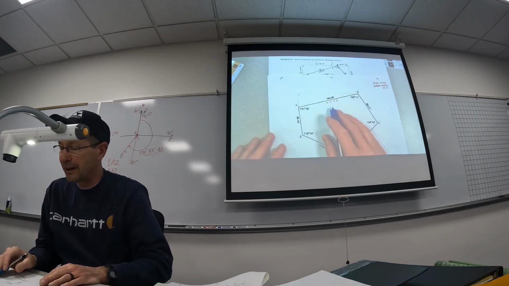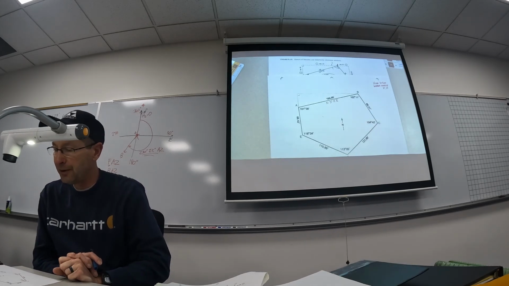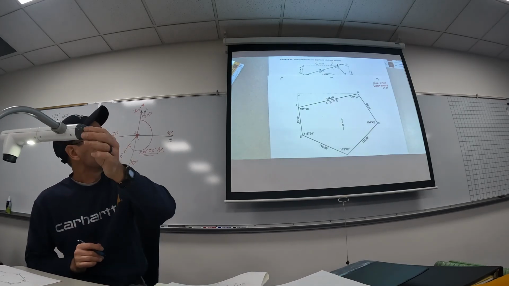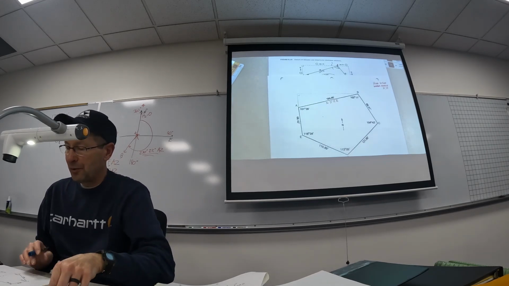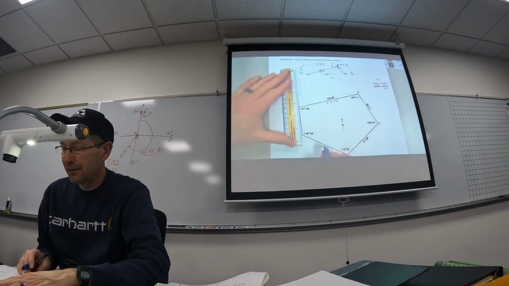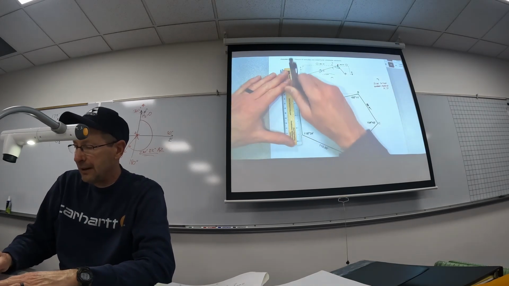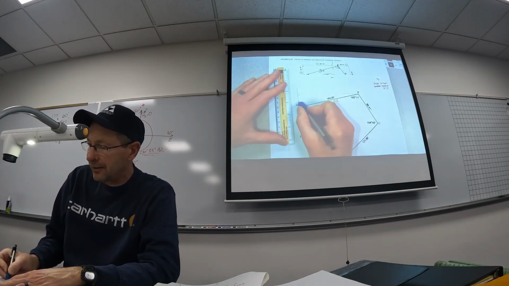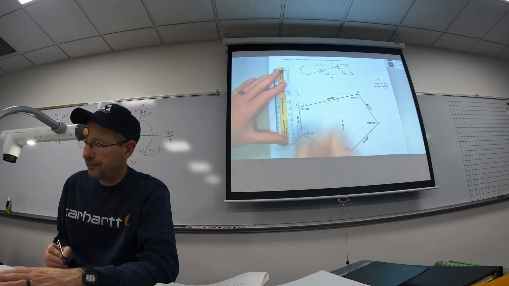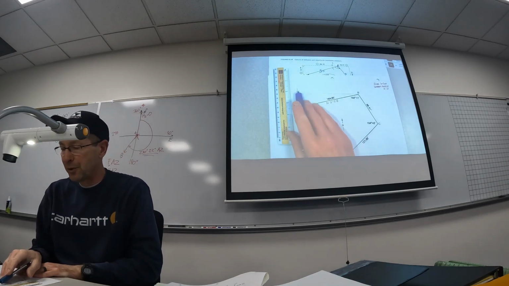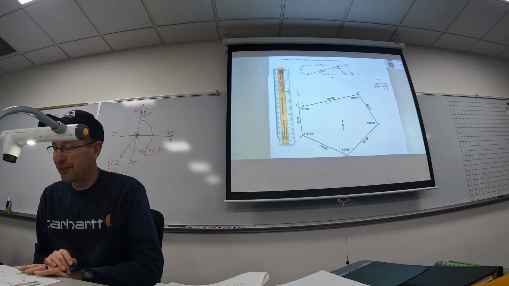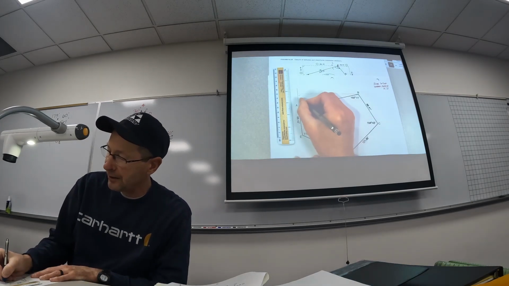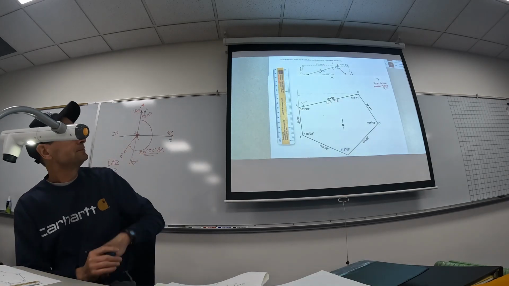Let's say we've got a bearing in this direction of north 71 east 11. What does that mean? Where is that angle? That angle is this, right? Because it's a bearing. It's north, and it's tipping 71 degrees 11 minutes to the east. So we know that this angle here is 71 degrees 11 minutes.